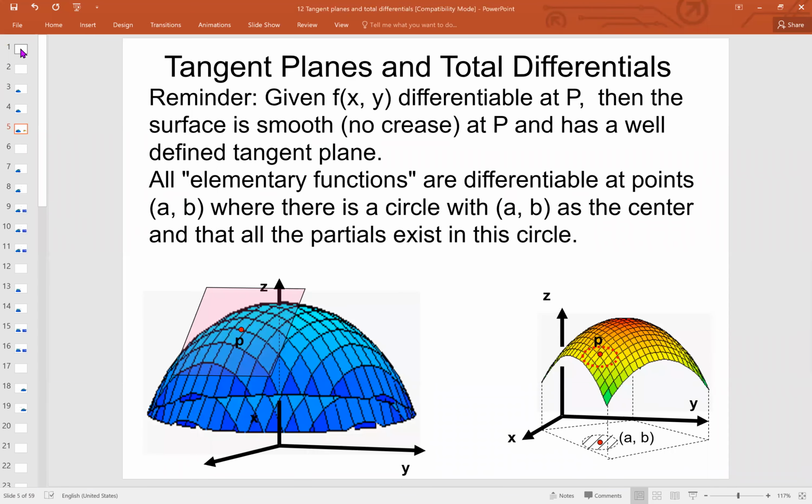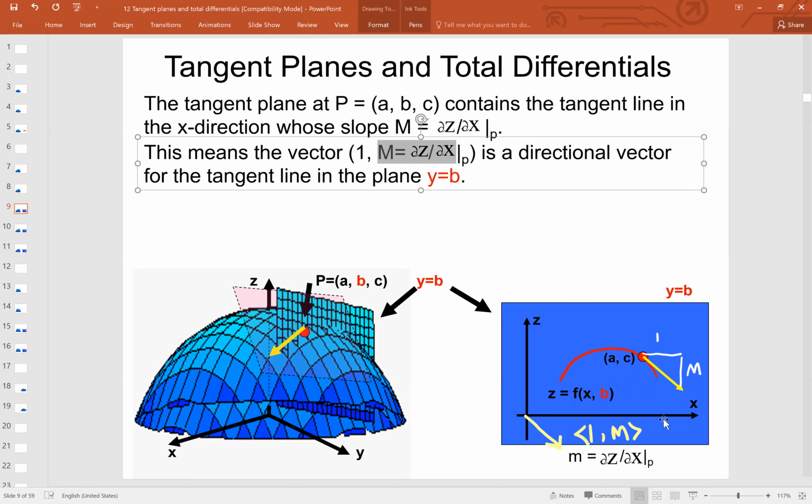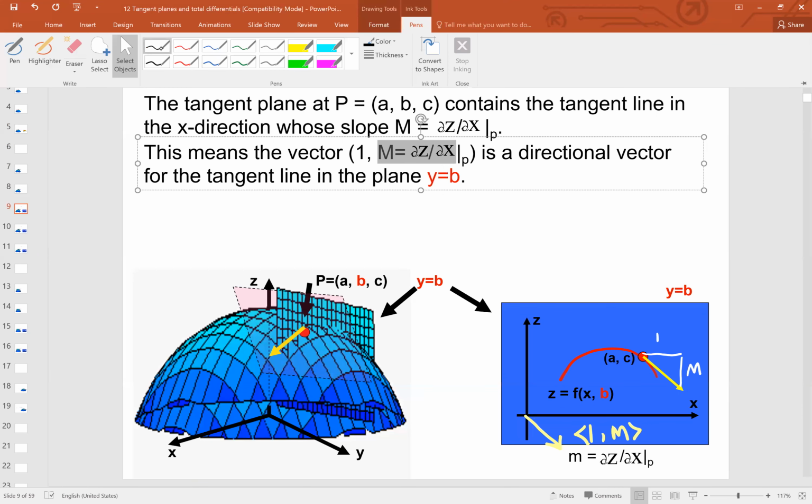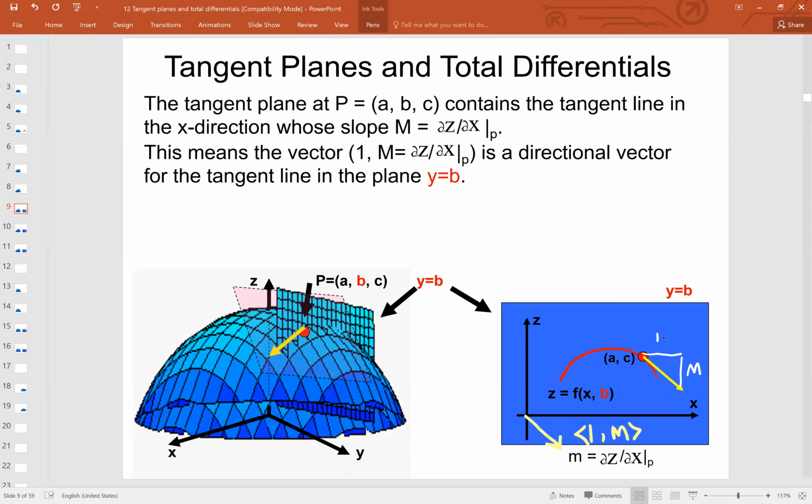If partial x is equal to m, then on the cross sections of the plane y equal to a constant, I have these 1 to m ratios of these vectors, the directional vectors on the plane.